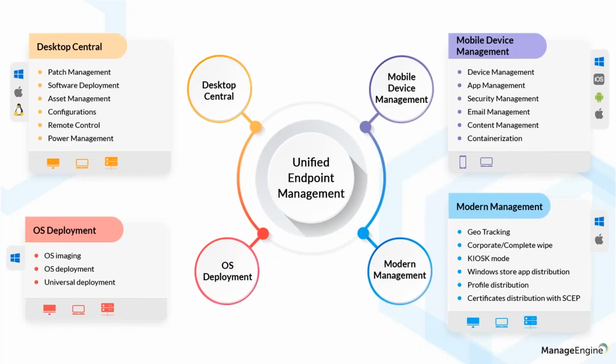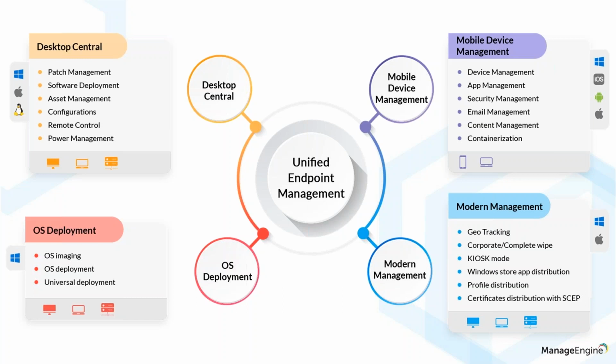These are the features that you can leverage when you are using Desktop Central as a unified endpoint management solution. We have patch management, which takes care of operating system and third-party application patching. We have application management, asset management, and configuration. You can manage other functions, including mobile device management for iOS, Android, Windows, and Chromebooks.